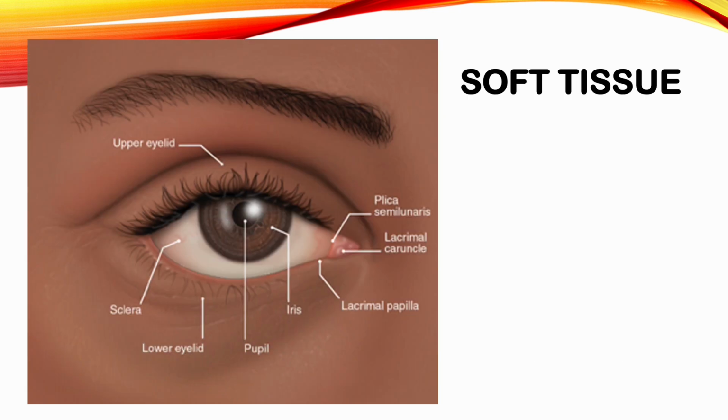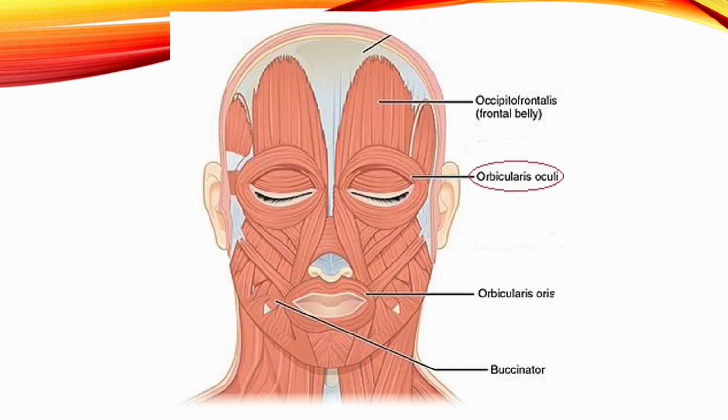The eyelids are 2 thin movable folds that cover the anterior surface of the eye. The upper eyelid is more mobile and contains an elevator muscle. Skin that is thin externally and covered by conjunctiva internally covers the eyelids. The supporting framework of each eyelid is formed by dense fibrous tissue. The main muscle within the eyelids is the orbicularis oculi.